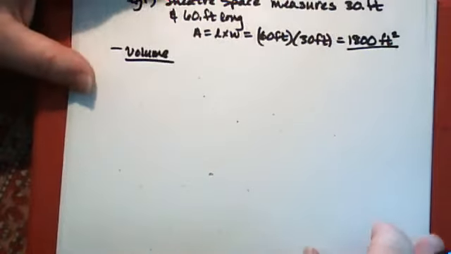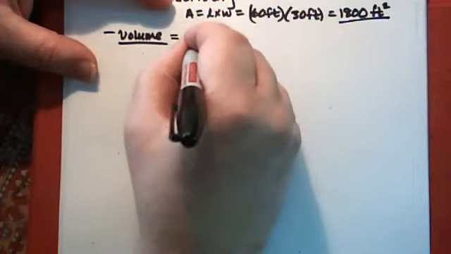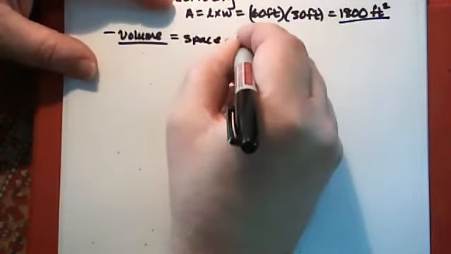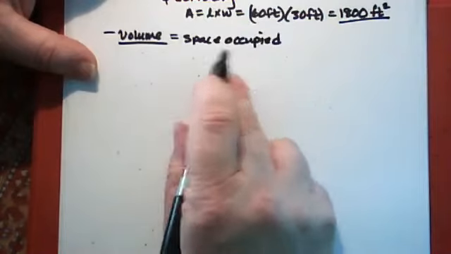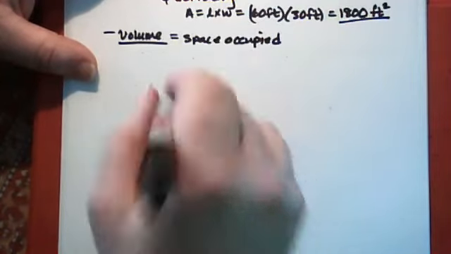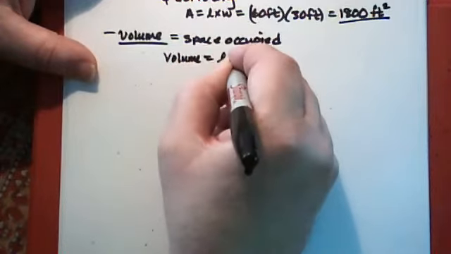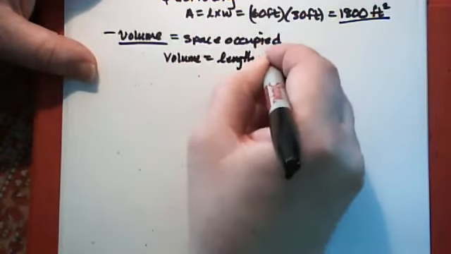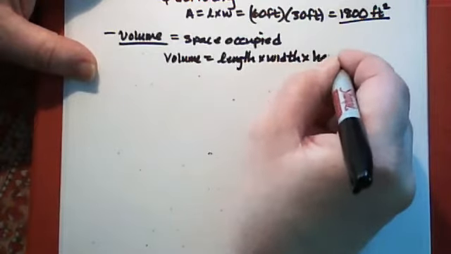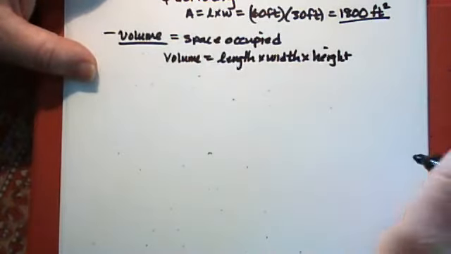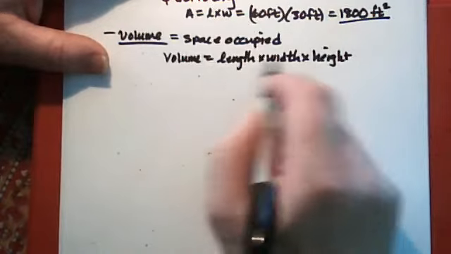Another derived unit would be volume. And volume is really just a measurement of the amount of space occupied by something. And in terms of calculation, volume would normally be length times width times height.